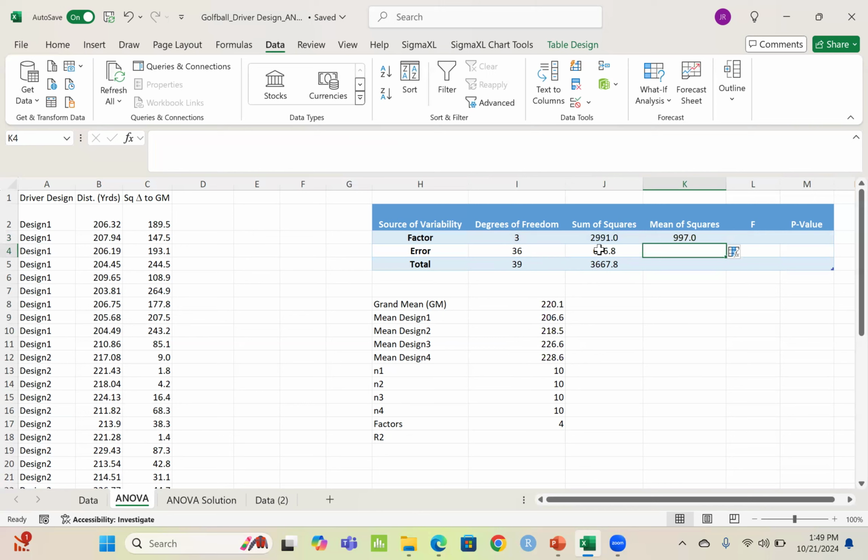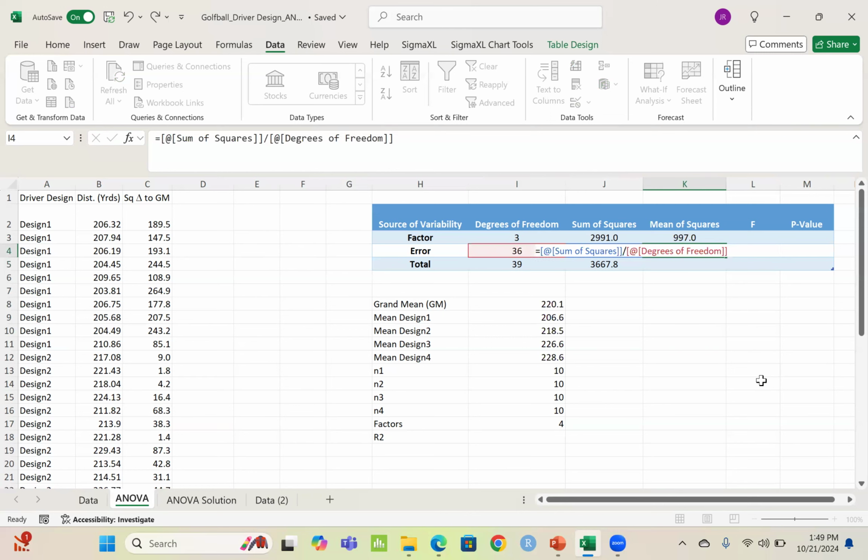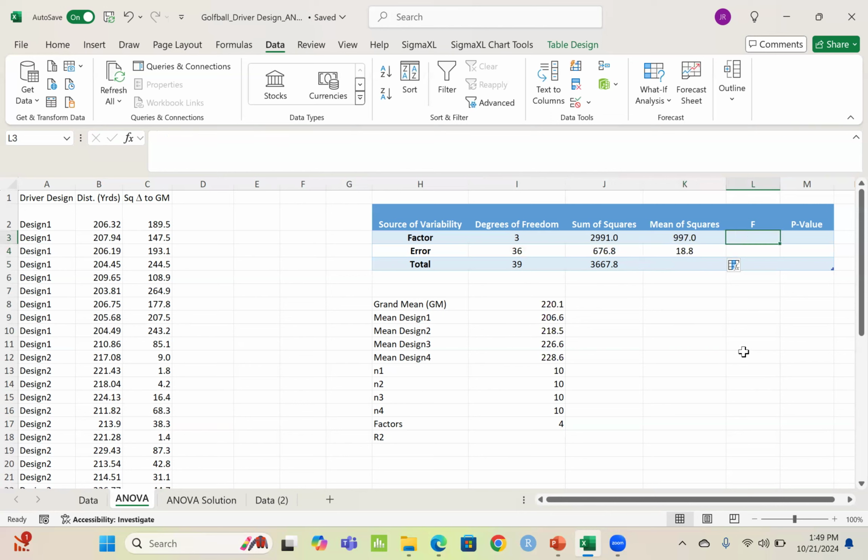And the denominator is going to be represented by this number divided by this. And we can see here that my F score is actually going to be very big, because F is basically going to be this divided by this. And my F is 53. This is a large F.